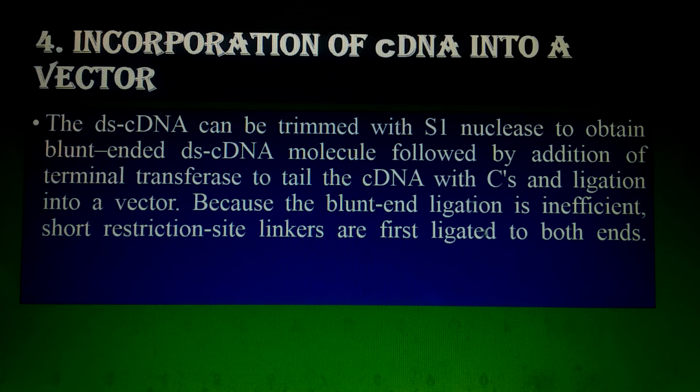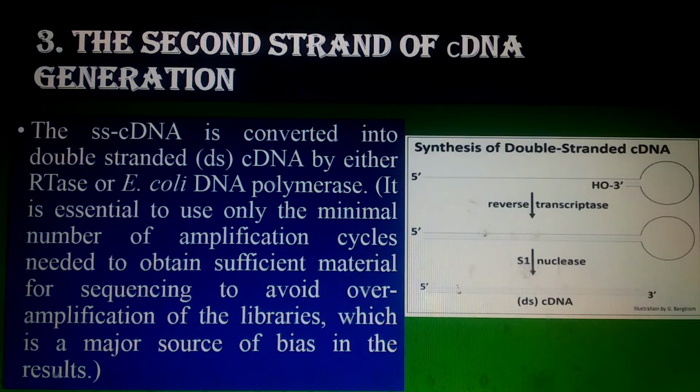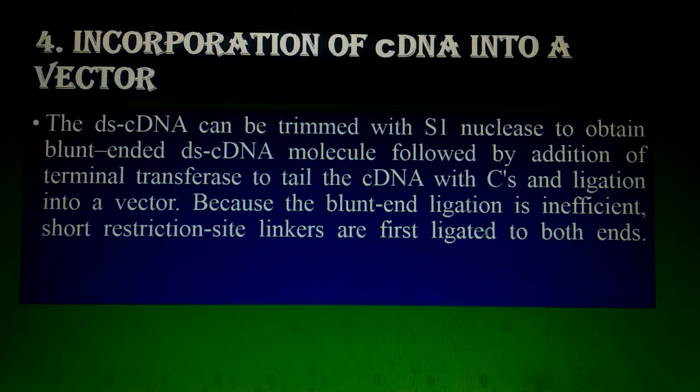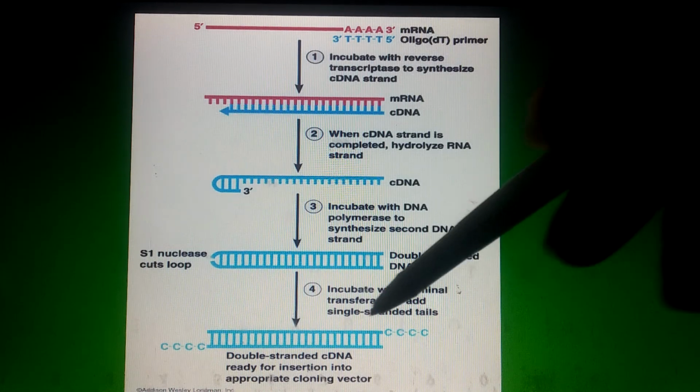Short restriction site linkers are first ligated to both ends. Is it clear? On both ends of this cDNA, what will happen? The restriction site linkers are first ligated on both these ends.